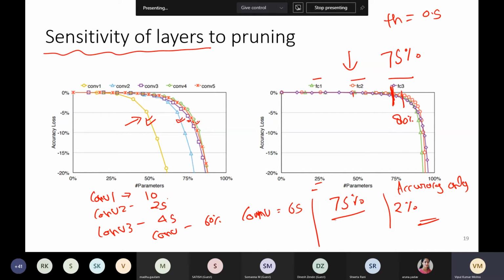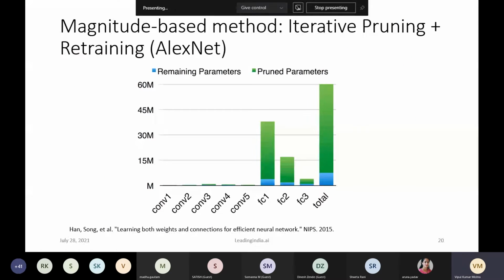Because dropping 75% of the parameters means you have to do 75% fewer calculations to get the output. You require 75% less memory, and that will speed up your process as well. That is the beauty behind pruning. This pruning helps you reduce the computation, but it does not reduce the memory a lot.